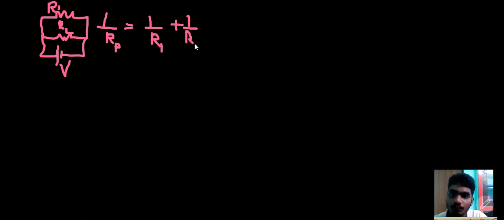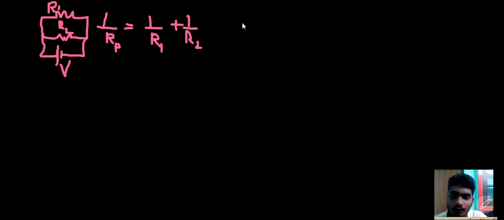Whenever the resistors are connected in parallel, the equivalent resistance is given by 1 by Rp is equal to 1 by R1 plus 1 by R2.